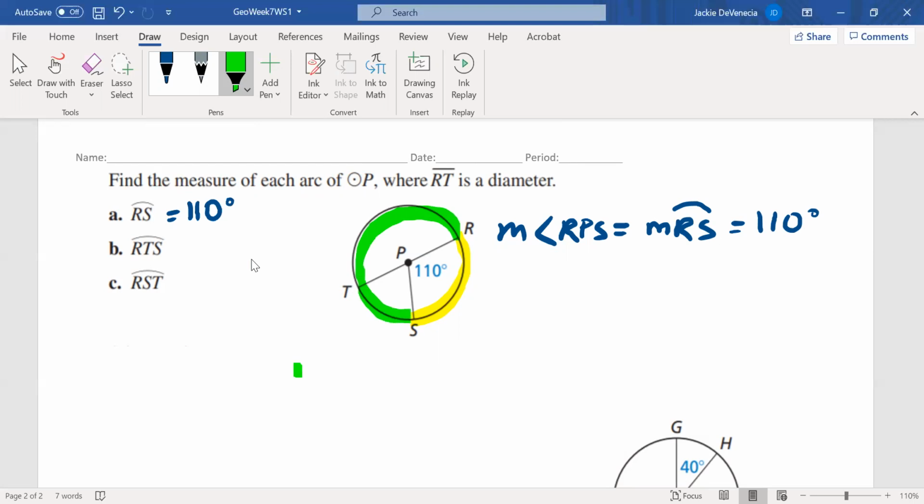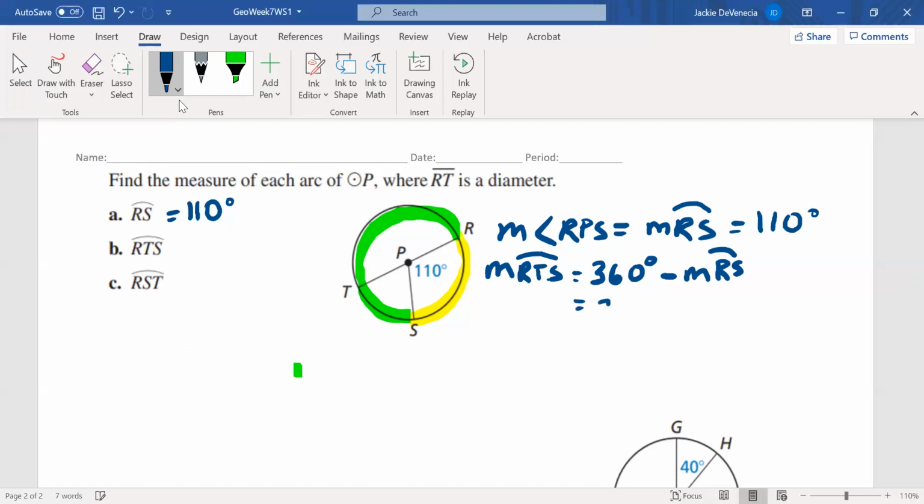So from here, in a circle, it's the rest of the circle. Whatever I marked as yellow is going to be my minor arc, and the rest, the green, is going to be my major arc. So if I was going to write this down, the measure of RTS is going to equal 360, that's the total measure of a circle, minus the measure of RS, which we know is 110.